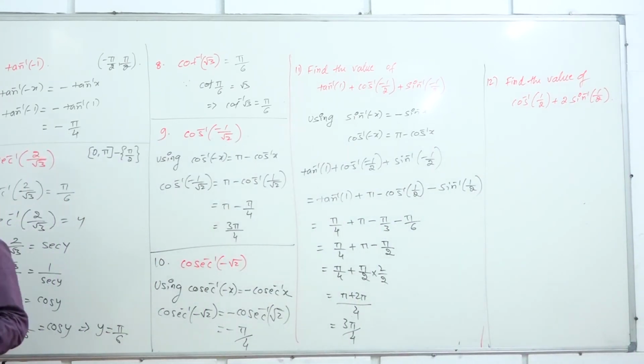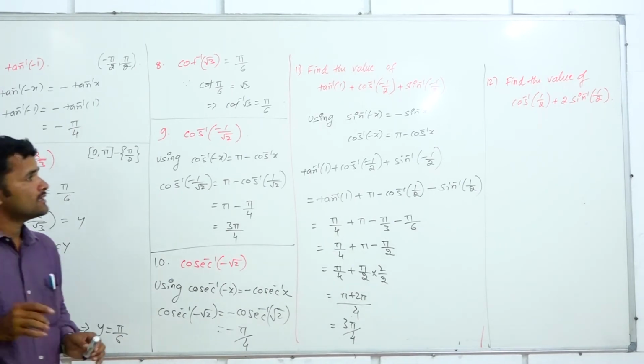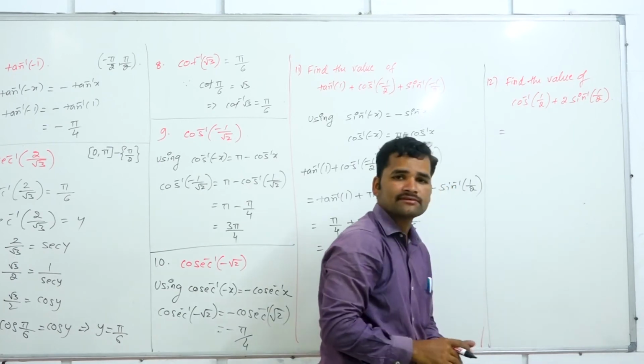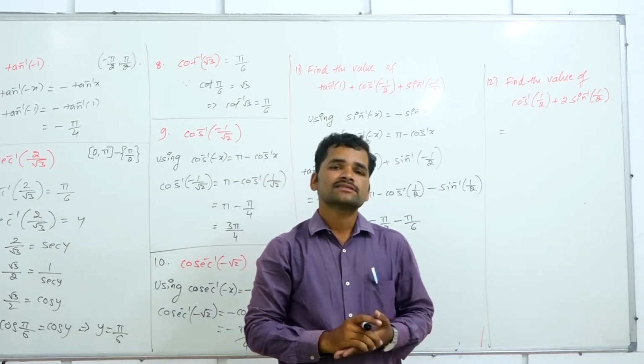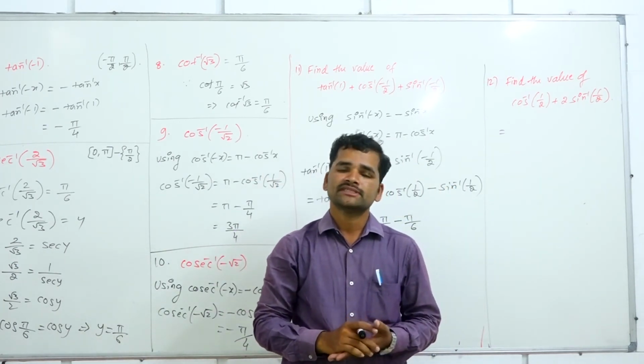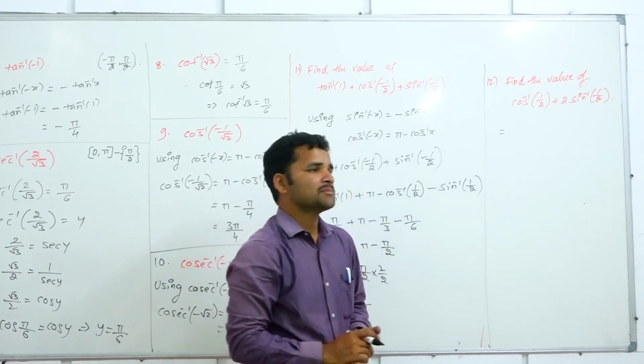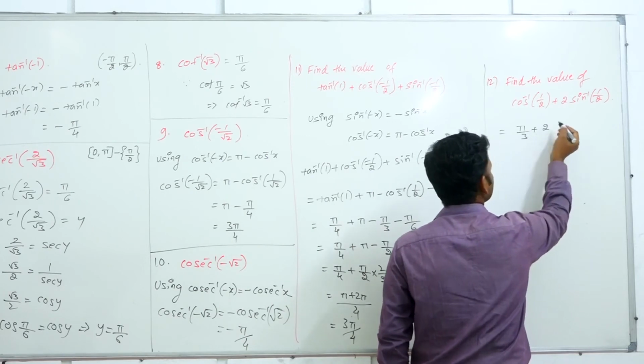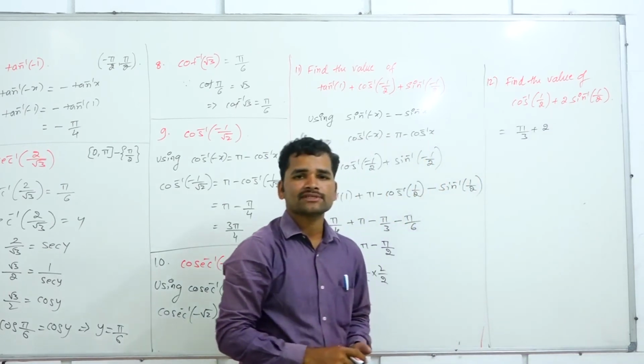Simple one it is. You write cos inverse of 1 by 2. Anyhow a positive value is there. Directly we can write, cos of which angle gives you 1 by 2? 60 degrees, which is pi by 3 in radians, plus 2 times sin inverse of 1 by 2.